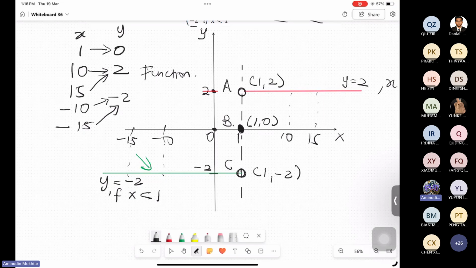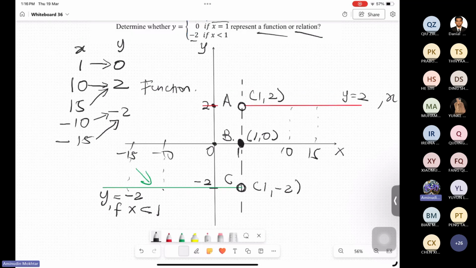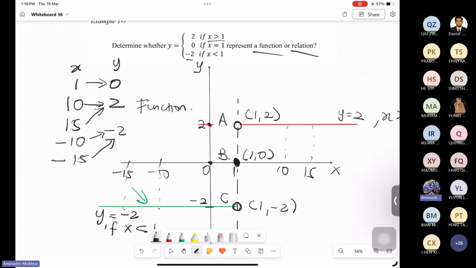It doesn't matter whether the y is the same or not, but we must make sure that one x can only produce one y. So in this case, this equation can be considered a function. That's how to identify whether the equation is a function or not.